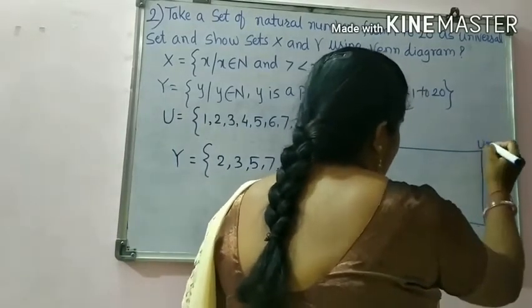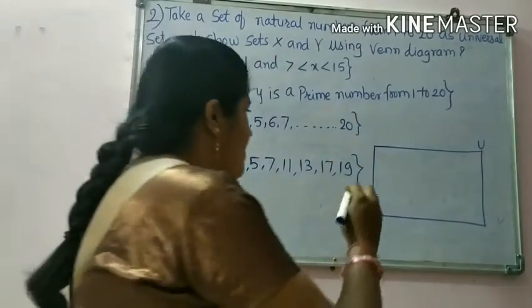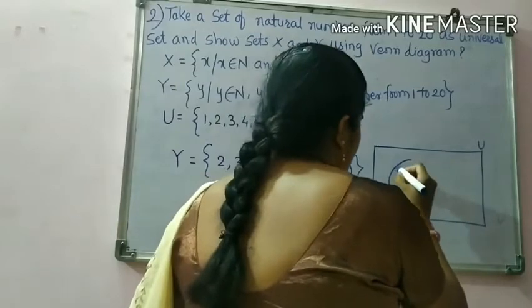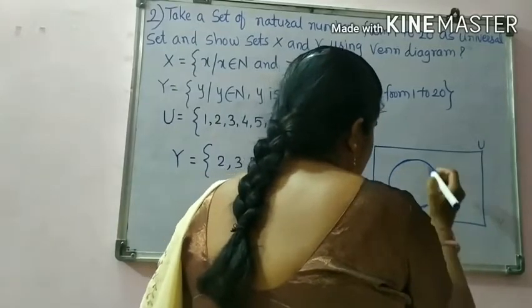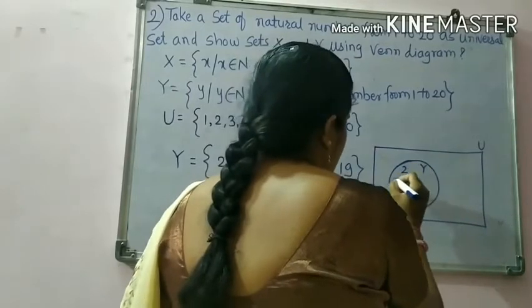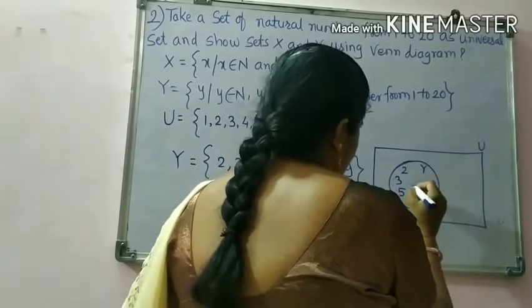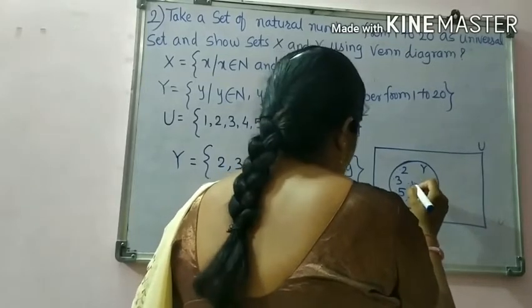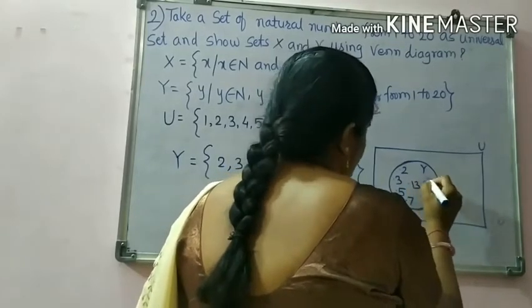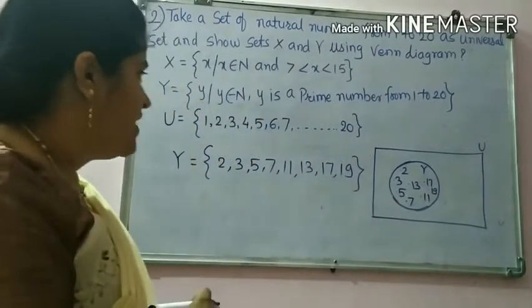We shall represent this universal set again in a rectangle, and set Y. First of all we shall show set Y. It is a subset of the universal set. So Y: 2, 3, 5, 7, 11, 13, 17 and 19. Now the remaining elements we shall write.